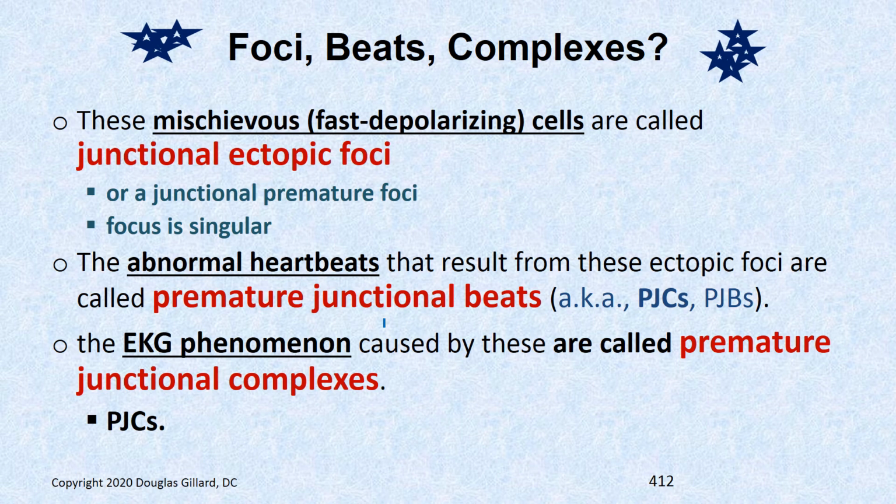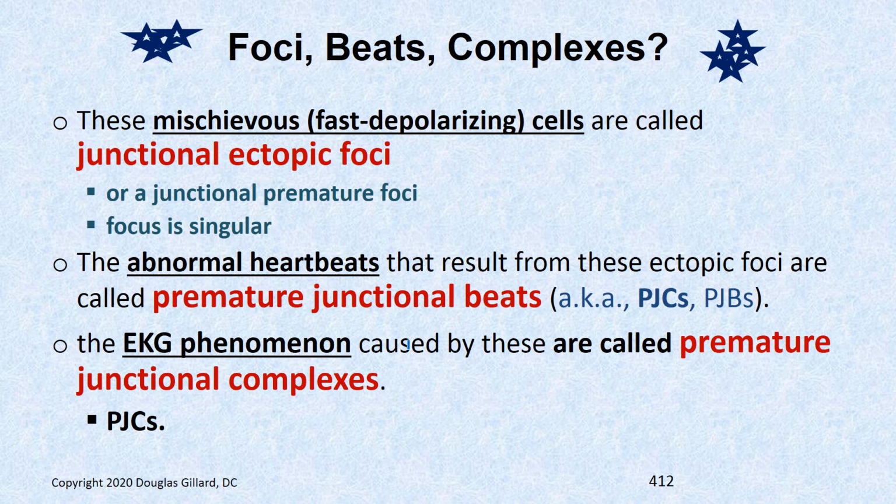Okay, I kind of talked about this, but these are focal beats and complexes. What's the deal with this? If the mischievous ectopic foci occur anywhere in the junctional region, they're called junctional ectopic foci. Abnormal heartbeats that result from ectopic foci are called premature junctional beats, PJBs, or premature junctional complexes.